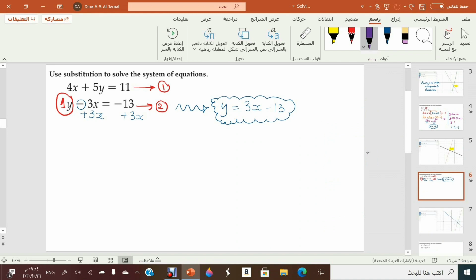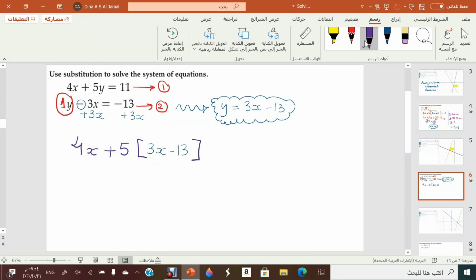And that's it. Now, how can I use substitution to solve this system of equations as we did previously? Let's go to equation 1. Now 4, do I have x alone? No, just keep the x as it is. Plus 5, do you have y alone? Yes. So you will open the brackets and put 3x minus 13.